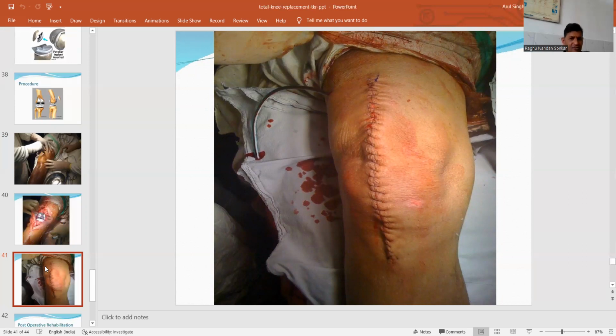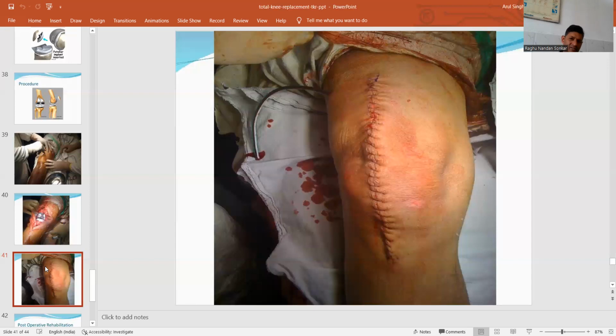When you start your midline parapatellar approach, you do subcutaneous dissection, medial and posterior release, then expose the joint. You make all cuts with the help of a jig: anterior cut, distal cut, posterior cut, chamfer cut, and tibial cut also.